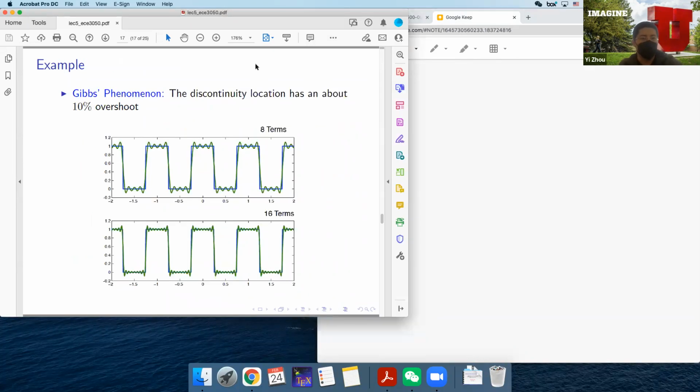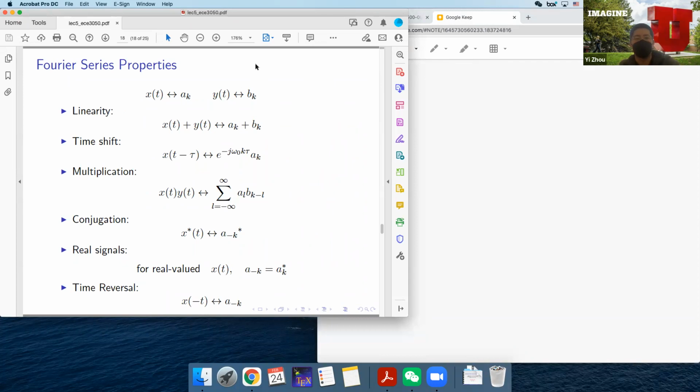So last time we talked about the properties of Fourier series. Okay, and let's go over them again. Given two periodic continuous time signals x(t) and y(t), and assuming that their corresponding Fourier series spectrums are given by a_k and b_k, then we have the following properties.